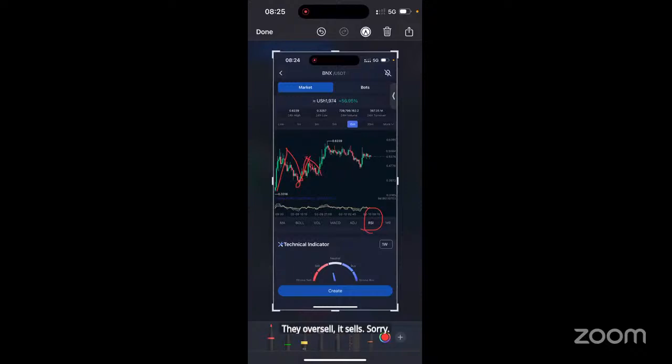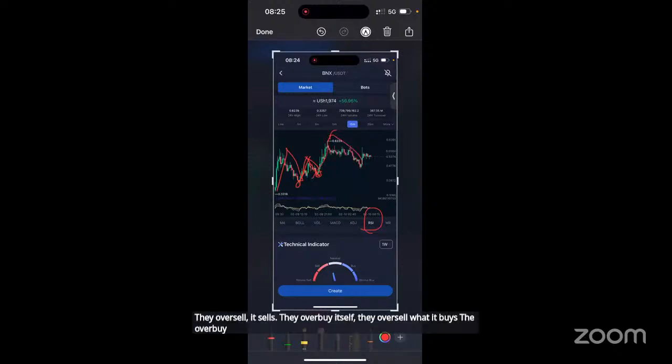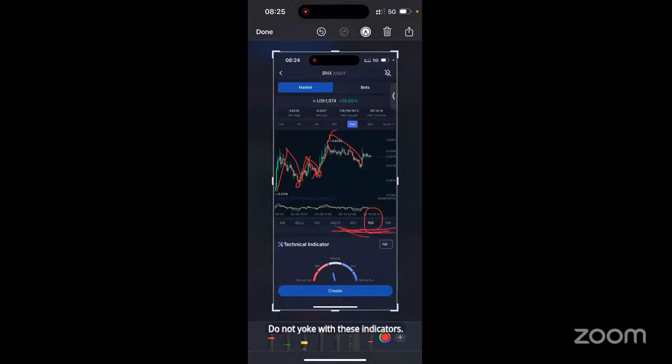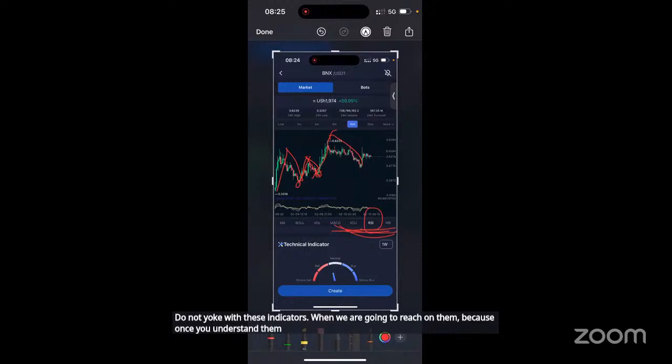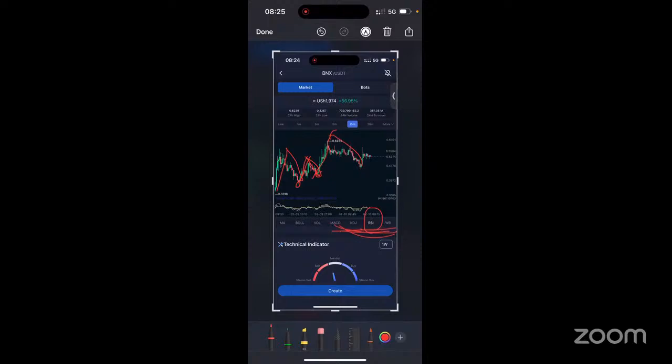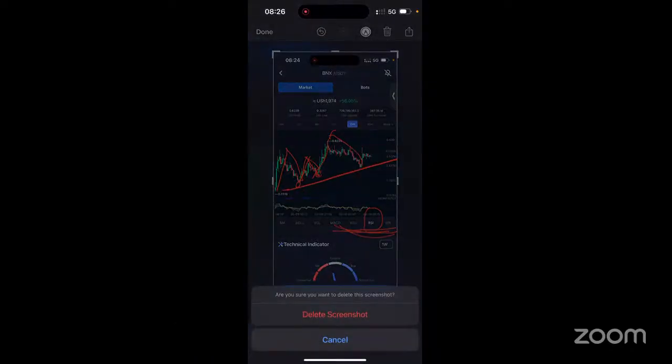Now, ladies and gentlemen, do not joke with these indicators when we reach them, because once you understand them, you can trade coins. Your robot only gets in the market when the prices are low. Am I clear?